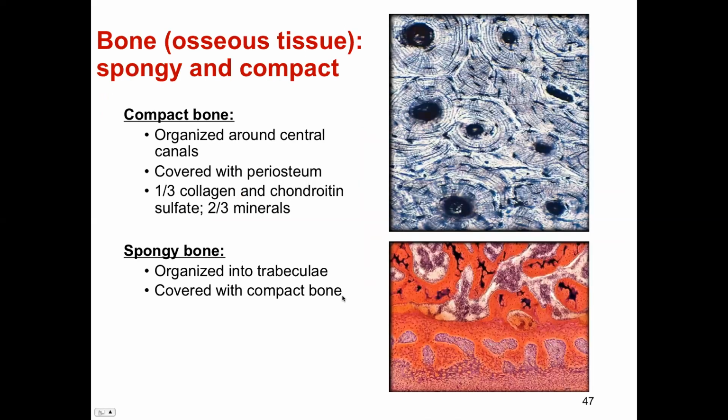But here you have your compact versus your spongy bone. The spongy bone is towards the middle of your bone. It's a loose kind of structure. It's covered with the compact bone. This is much denser. We'll talk about what chondroitin sulfate is. It's the mineralized matrix that you have in your bone.